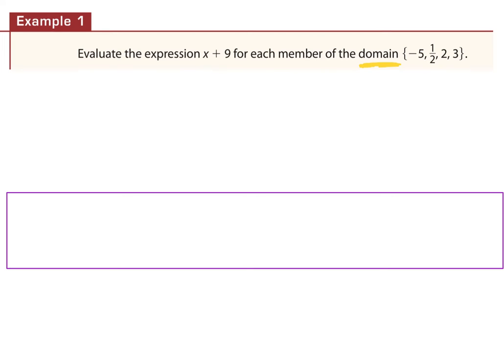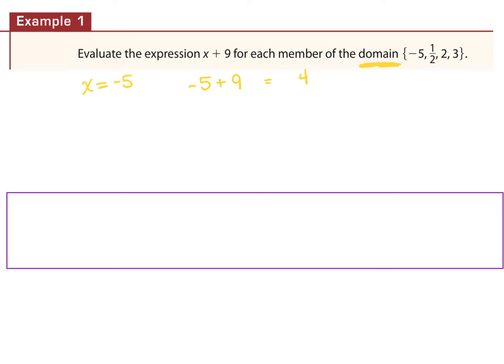All right? And so what you're going to say is, well, the first one is that x equals -5. Well, what happens when x equals -5? Well, I'm going to plug it in. -5 plus 9. And then I'm going to do the operation, -5 plus 9. That equals 4.